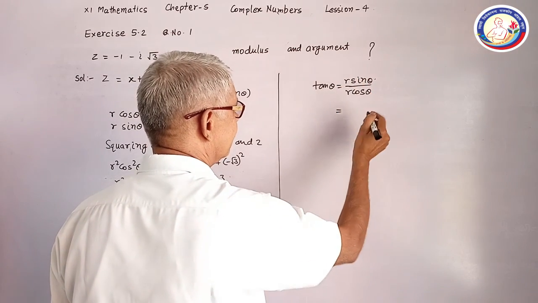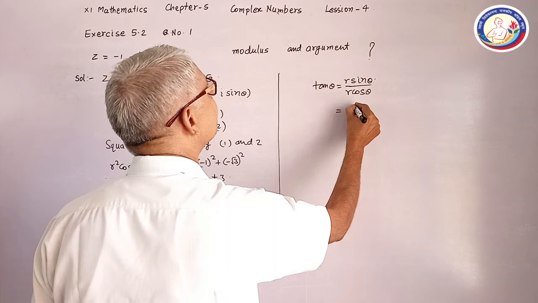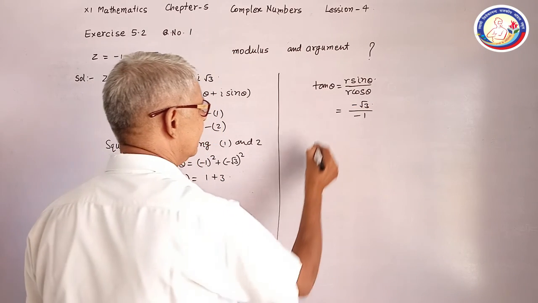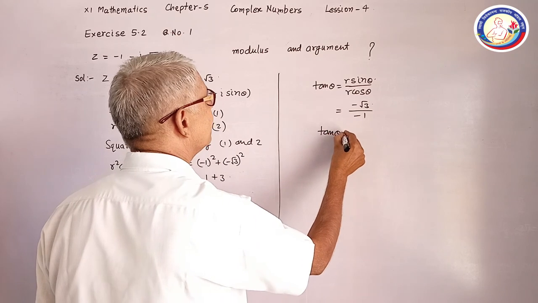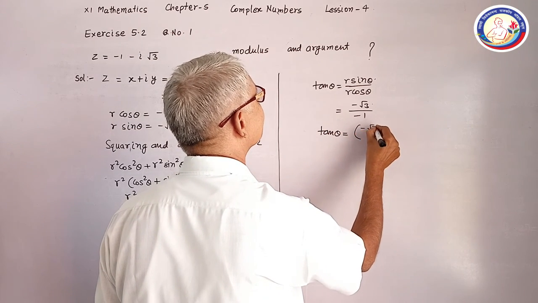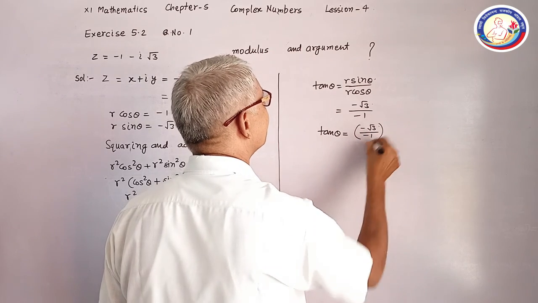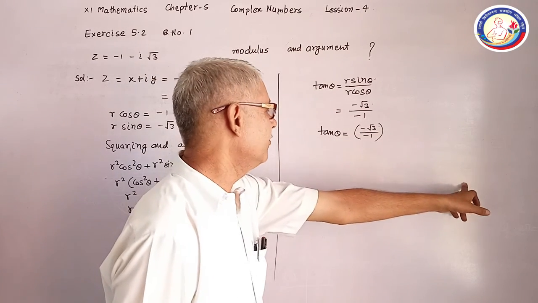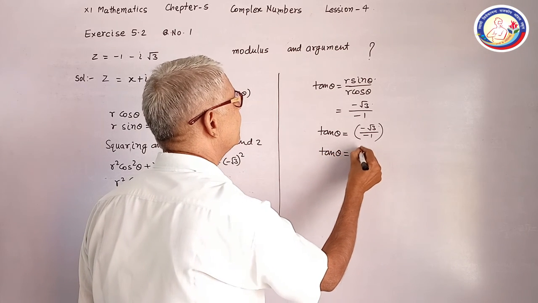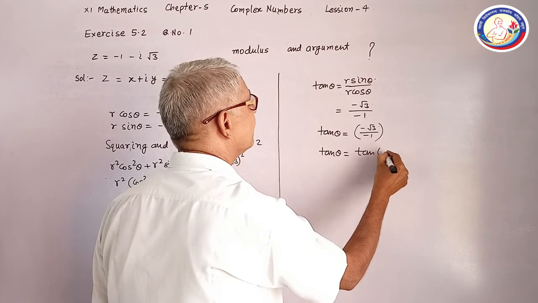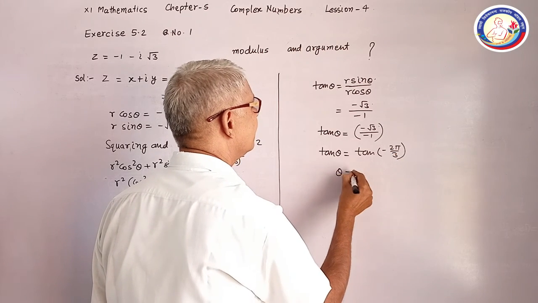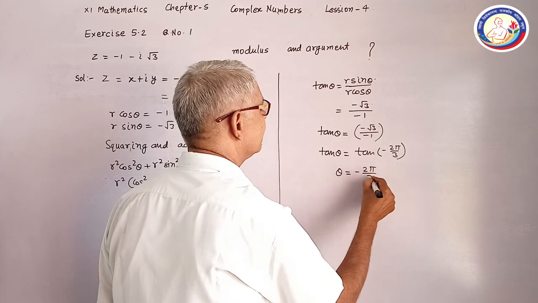R cancels r. This is minus square root of 3 and this is minus 1, and in a similar way to how we solved it previously, tangent theta is equal to tangent of minus 2 pi by 3. So theta is equal to minus 2 pi by 3.